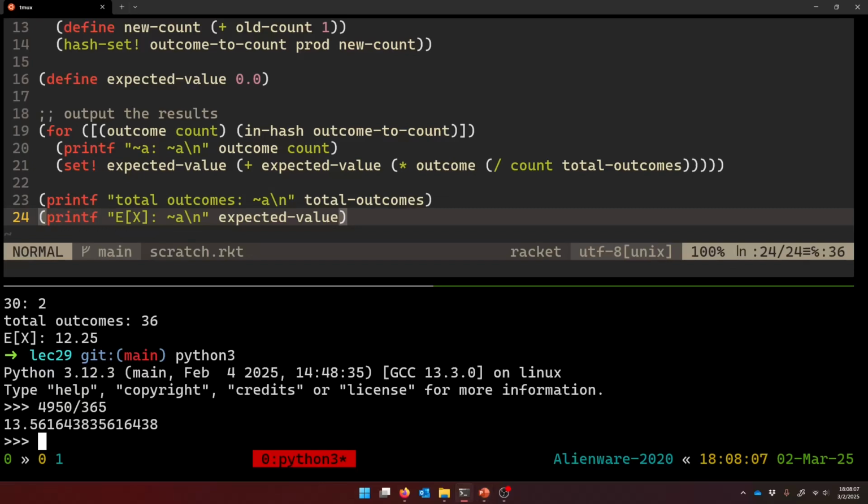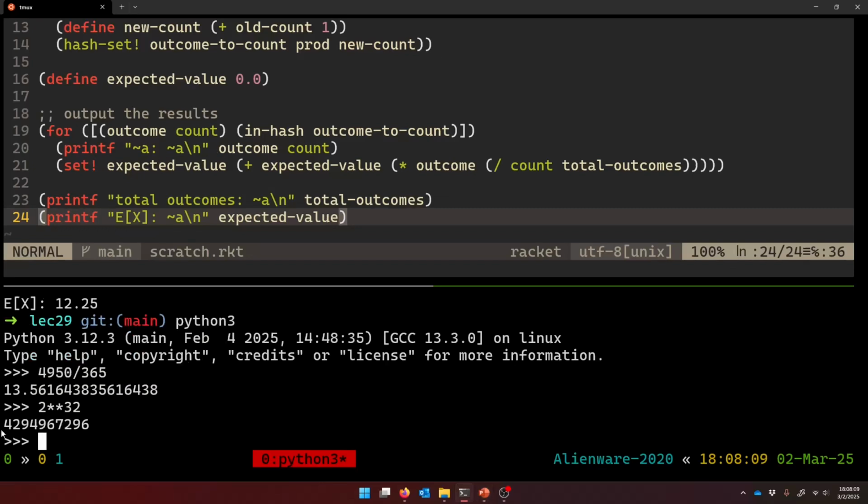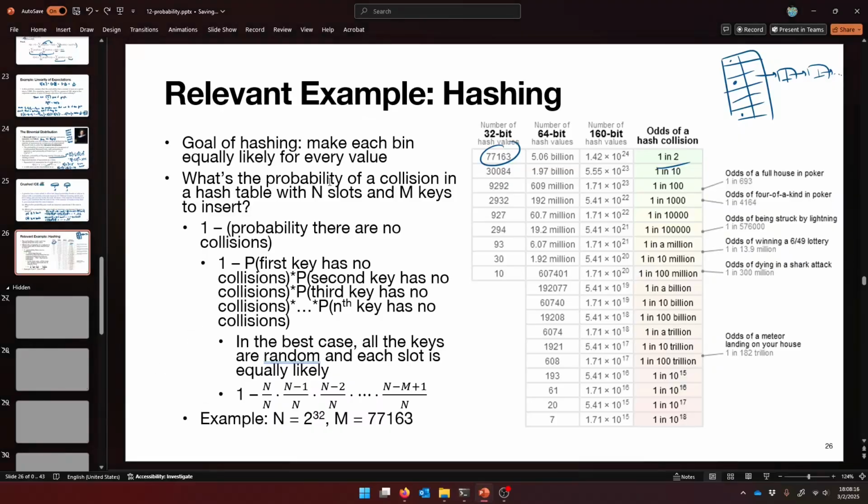It's 4.2, almost 4.3 billion slots to fill. Even if you put under 100,000 things, the odds of you colliding are 1 in 2, 50-50. Isn't that crazy? So yeah, it's the birthday paradox, honestly.